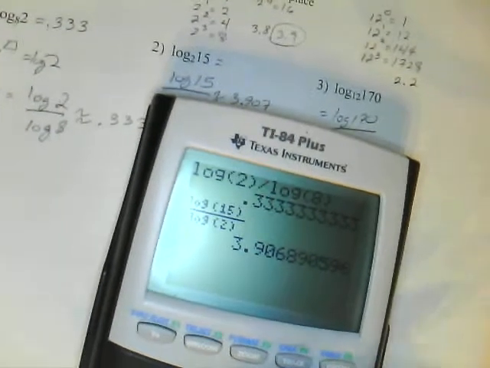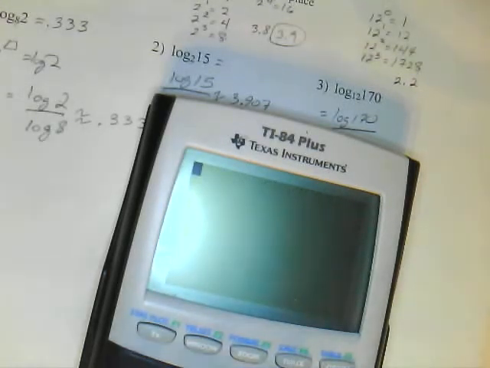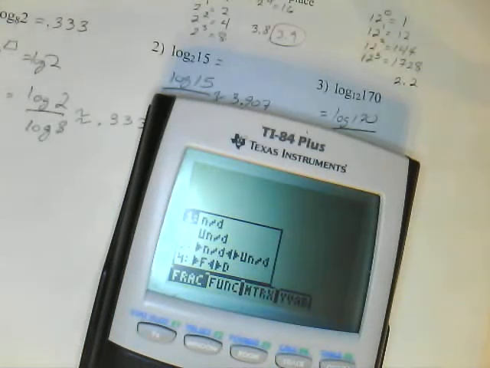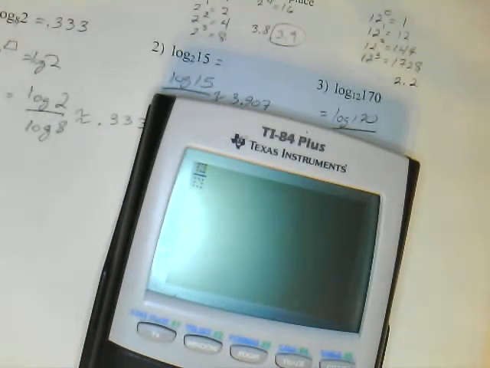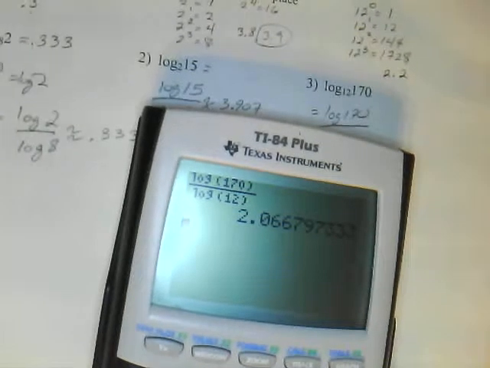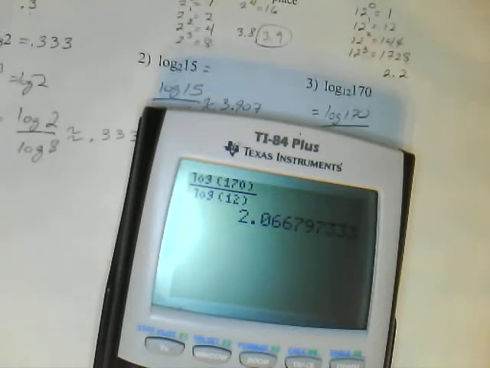With my calculator, I am going to clear this out, and then alpha F1, and we're going to do the log of 170 over the log of 12, and we get 2.0667, but that's going to round off, so it'd be 2.067.